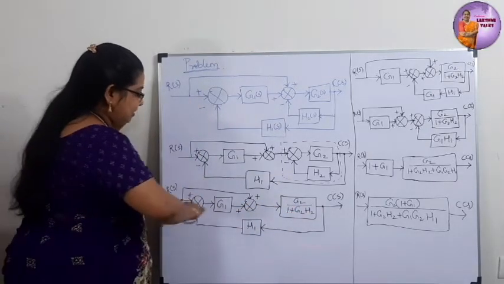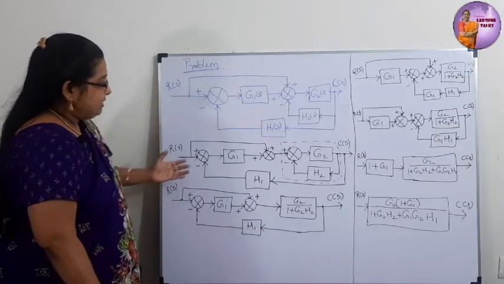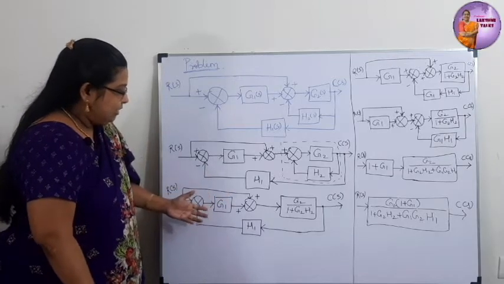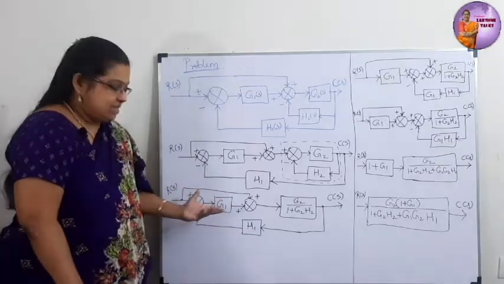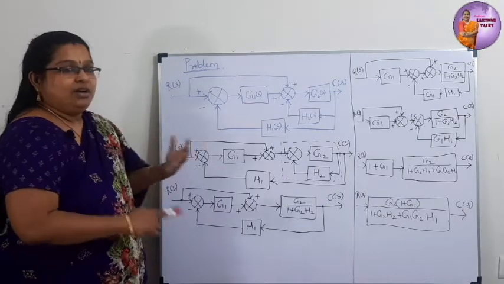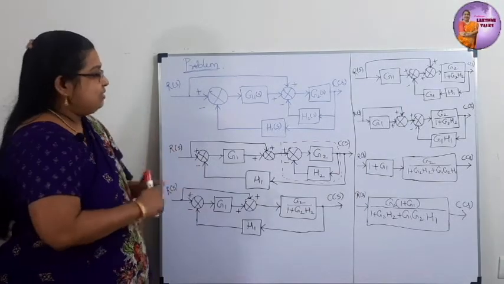The rest everything is the same. Now what is the next step? Is there any way of getting a series, parallel or a feedback? Nothing else. So what can we do? We have to move certain summers or takeoff points in order to simplify.